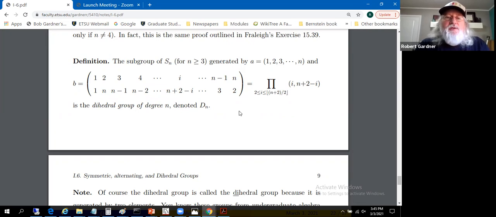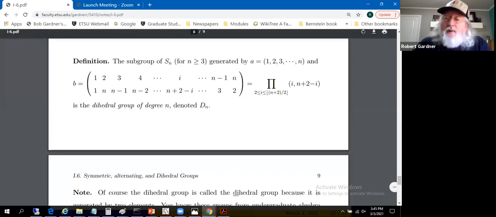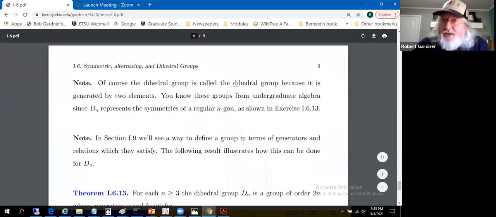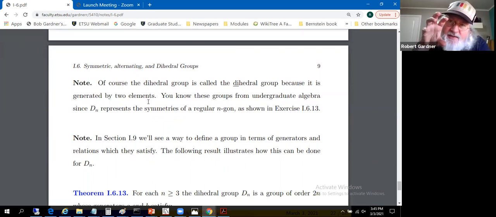So is that a group? Yeah, it's a group, a subgroup of S sub n generated by these two elements. It's called the dihedral group because it's generated by two elements. Geometrically, that corresponds to taking an n-gon and clicking it around, or taking an n-gon and flipping it around. So that's what A and B do if you want a geometric interpretation.